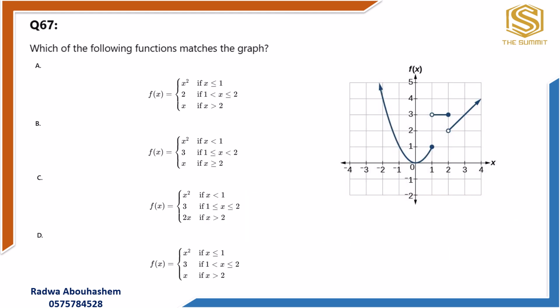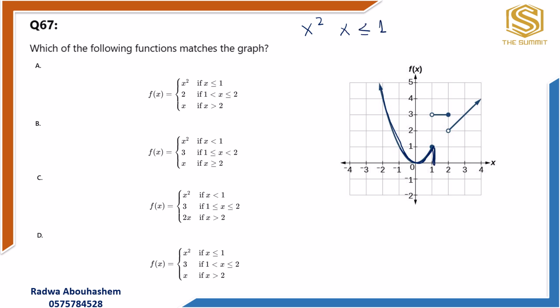Okay, here, which of the following functions matches the graph? First, this one is a quadratic function, right? Starting from where? From infinity to 1, right? So x is smaller than or equal to 1.